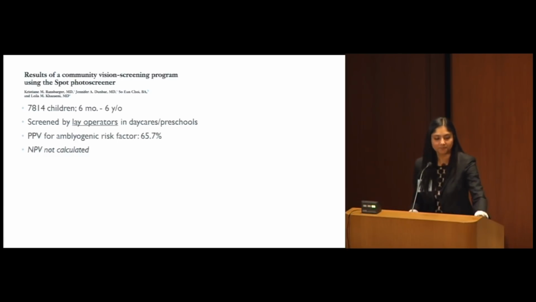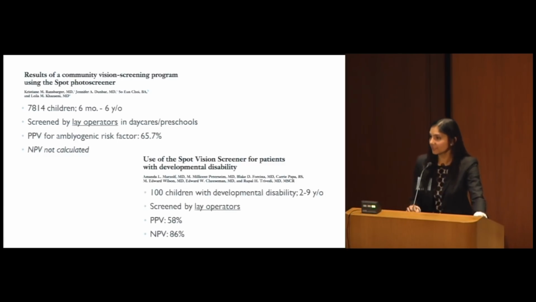And then, specifically for patients with developmental delay, I found this study that, again, was used by lay screeners in patients that had all forms of intellectual or neurologic or developmental disabilities. They had 100 children included in this study, again, of various age ranges.